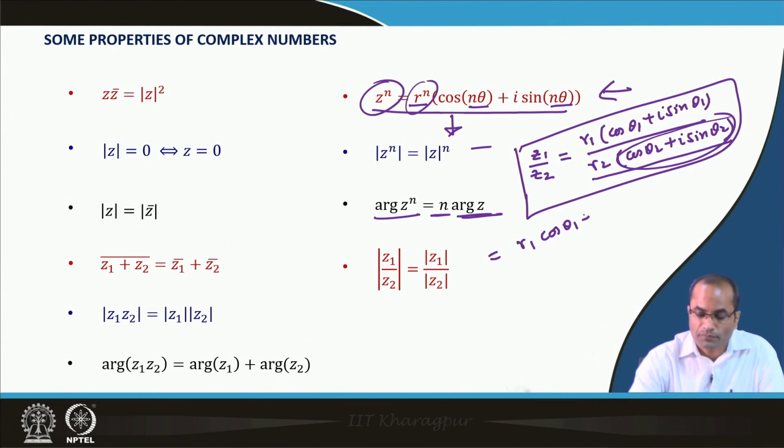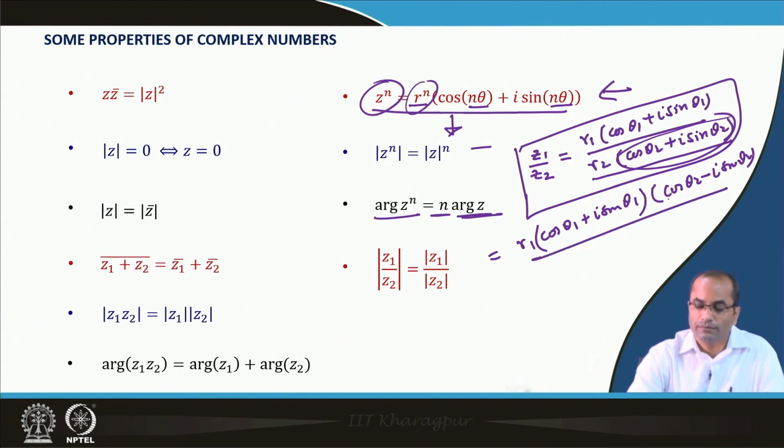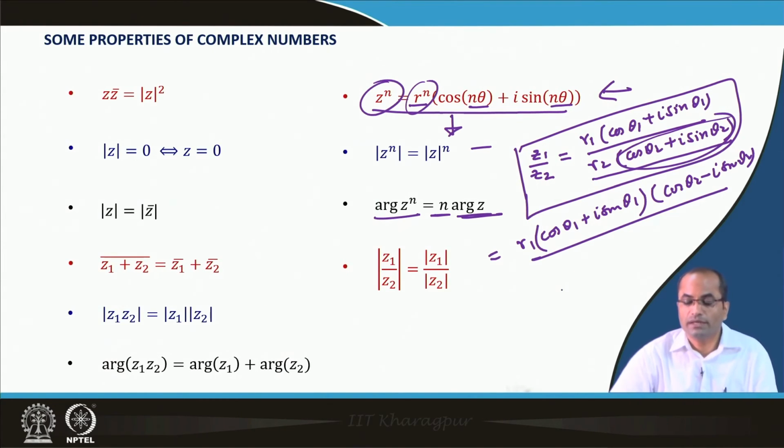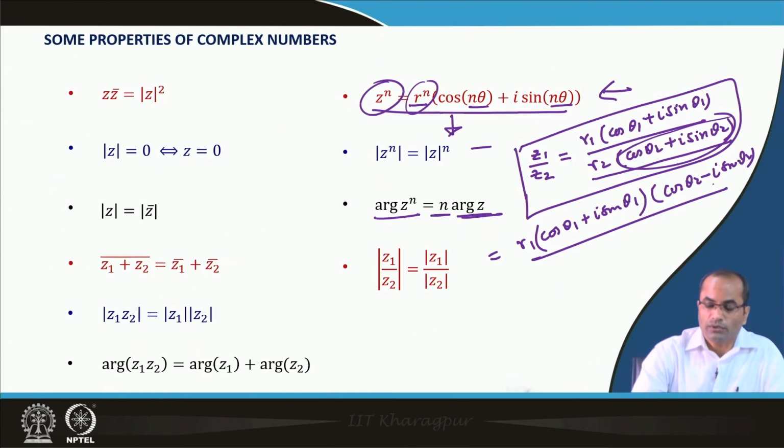So cos theta 1 plus I sin theta 1, and if we multiply by the conjugate, that means cos theta 2 minus I sin theta 2, and divided by cos square theta 2 minus I square sin square theta 2. So this minus I square will be again 1, since I square is minus 1, so that will be just 1 there, and then we have r2, and we can multiply the numerator part.